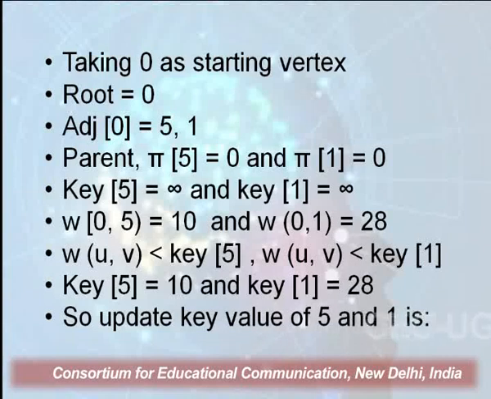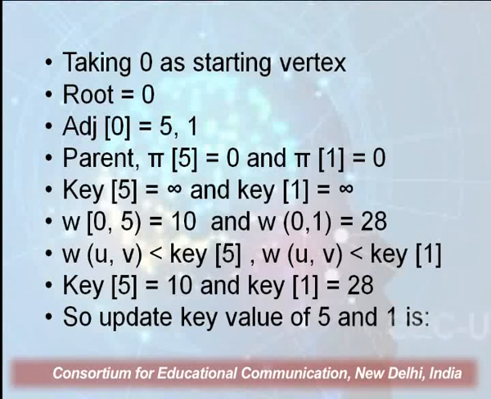The key of 5 was infinity and the key of 1 was also infinity initially. Now we need to check whether there is a condition for updation of key values.